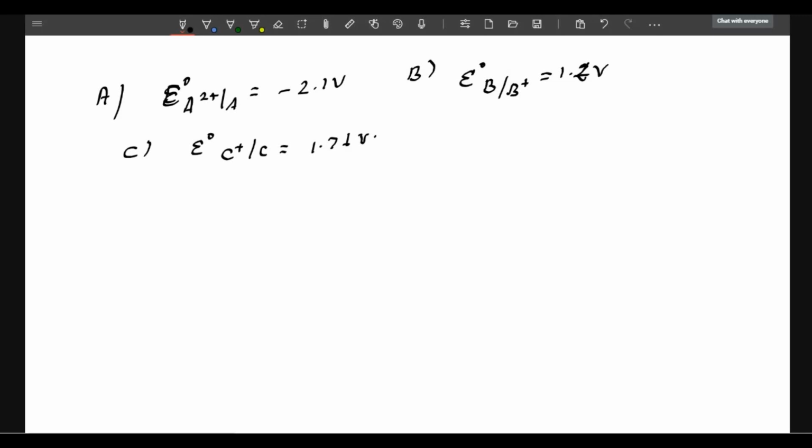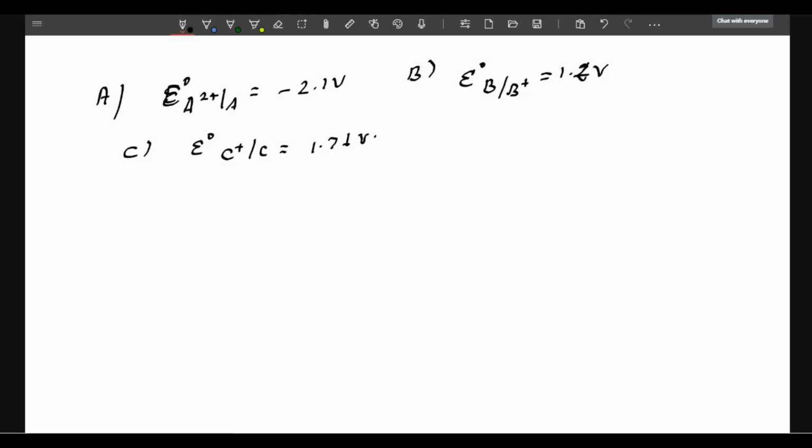Option C: B would oxidize both A and C. Option D: A displaces B and C from their respective salt solutions. Which is the correct answer?